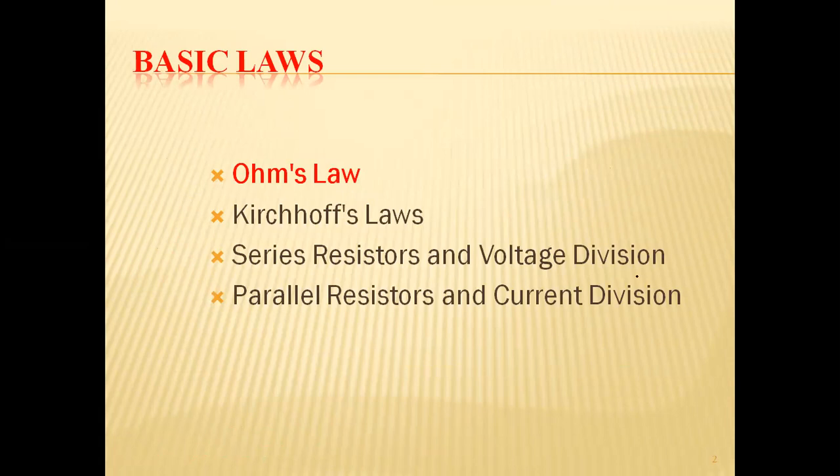Then series resistors and parallel resistors. For series resistors, voltage division is there and the voltage divider rule is to be applied. For parallel resistors, current division is there and the current divider rule is to be applied. So the voltage divider is for series combinations, and the current divider is for parallel combinations of resistors. So we have covered 4 topics in today's lecture.